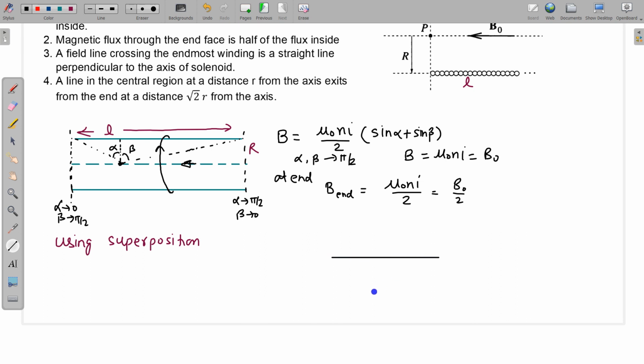So this is the one solenoid and another solenoid kept like this. It is just kept like this, and this is the common axis. Current in both is going like this.